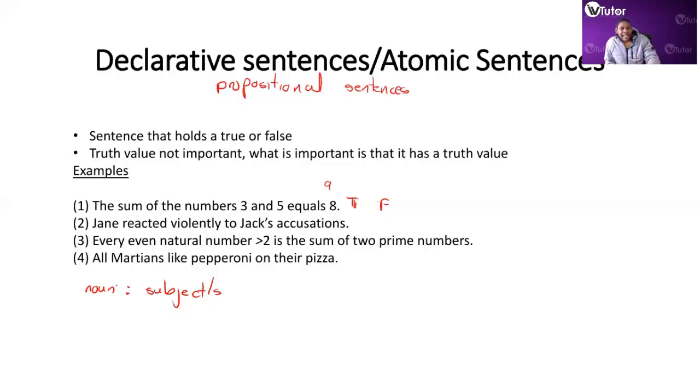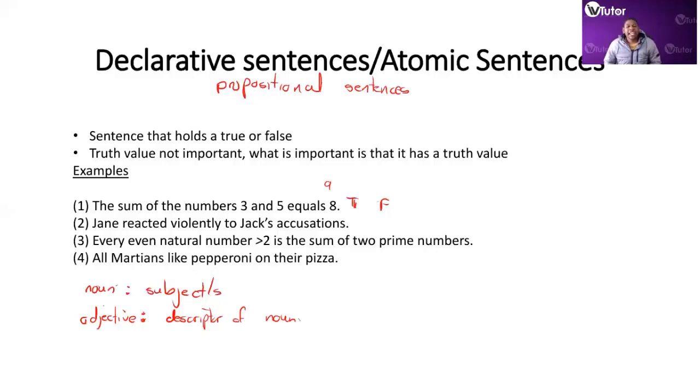And then we have an adjective. This is sounding like an English lesson now, but we have a descriptor of the noun. We're trying to explain what the noun is doing. For the nouns 3 and 5, we are looking at their sum being equal to 8.